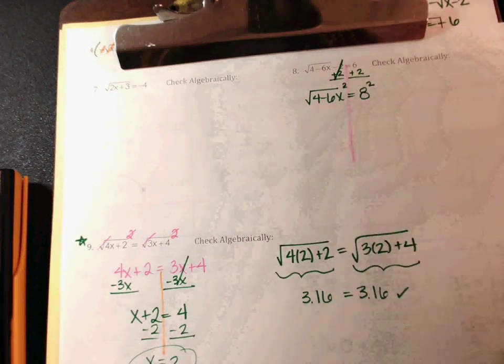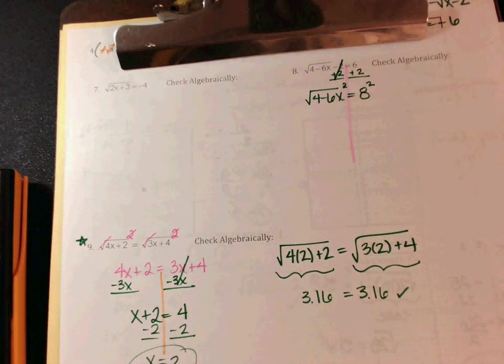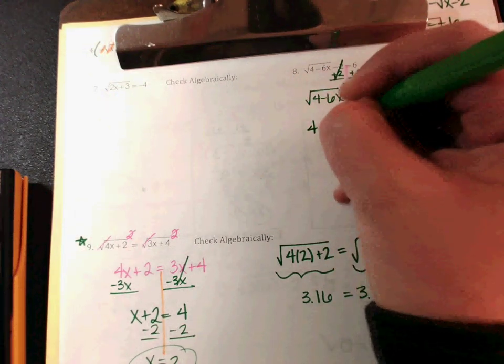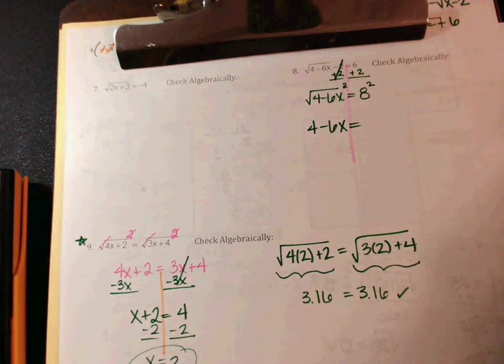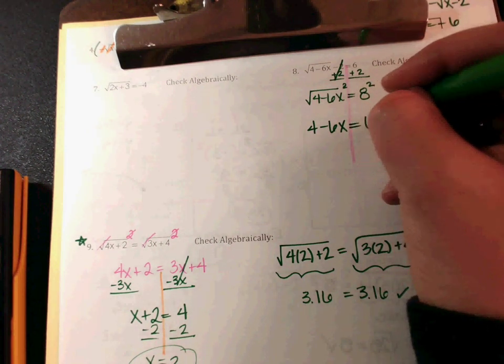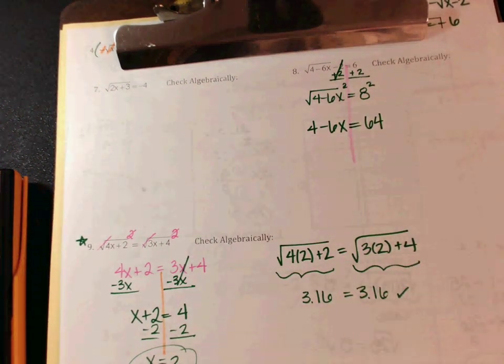Since 8's already positive, I don't really need the parentheses, but you can put them if you want to. What is 8 squared? 8 times 8? 64. You can just use your calculator as you go through. Then what do I do next? Add the 4. The 4 is negative, so what do I do? Subtract the 4.